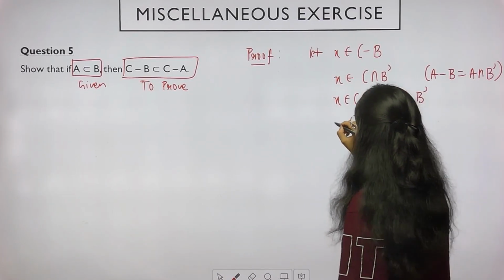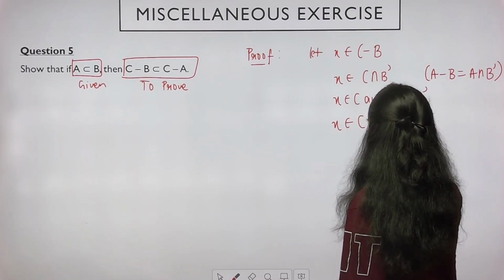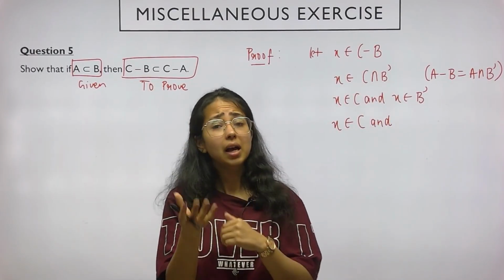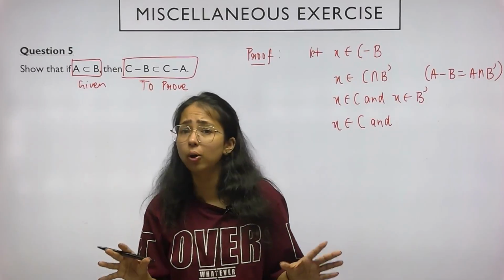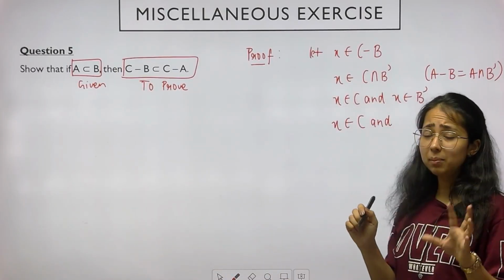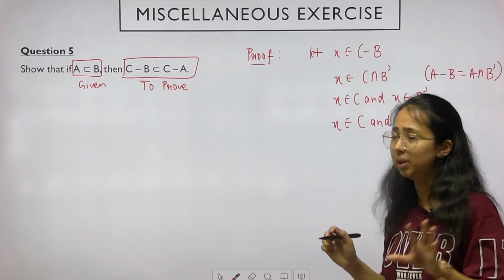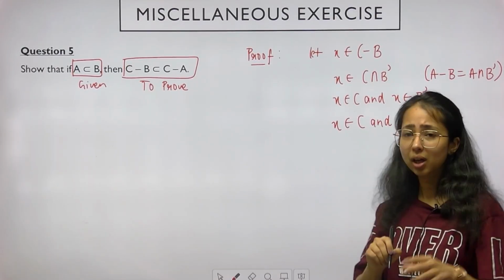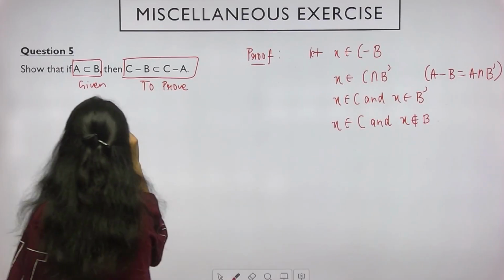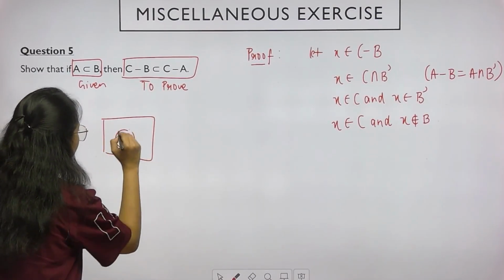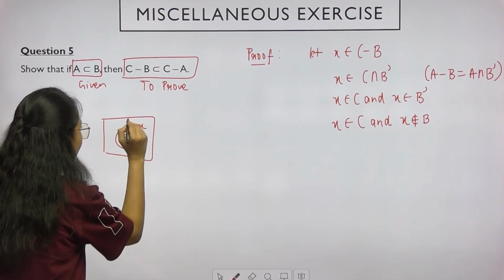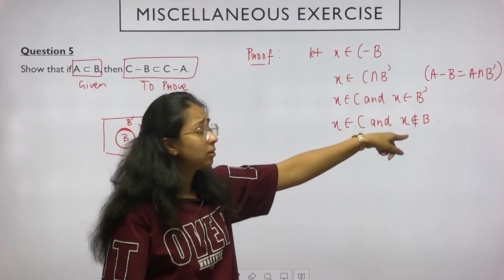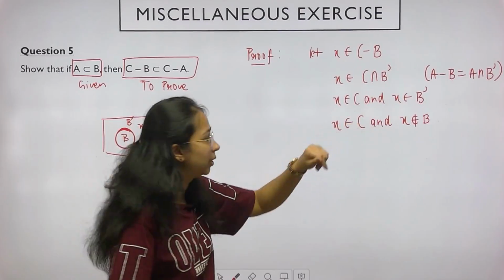Now this means that if X belongs to B complement, then it obviously means that X will not belong to set B. So here we can write that X does not belong to B, because it is very simple. If we are given a set B, and X is in B complement, then it is not in B. So if X belongs to B complement, then X does not belong to B. Clear?